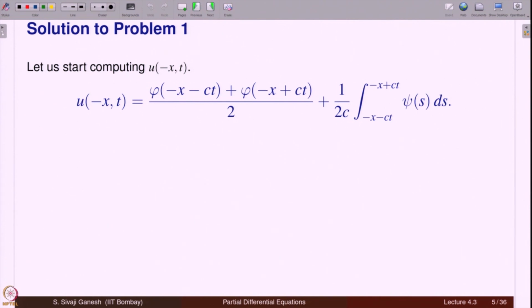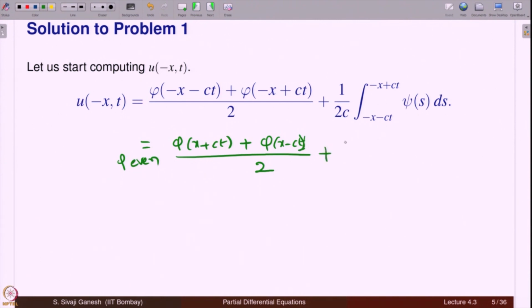So, now phi is an even function, therefore this is equal to phi of x plus ct, right, minus of this is this, and here it is phi of x minus ct, divided by 2, because we are using that phi is even. This is the first term.